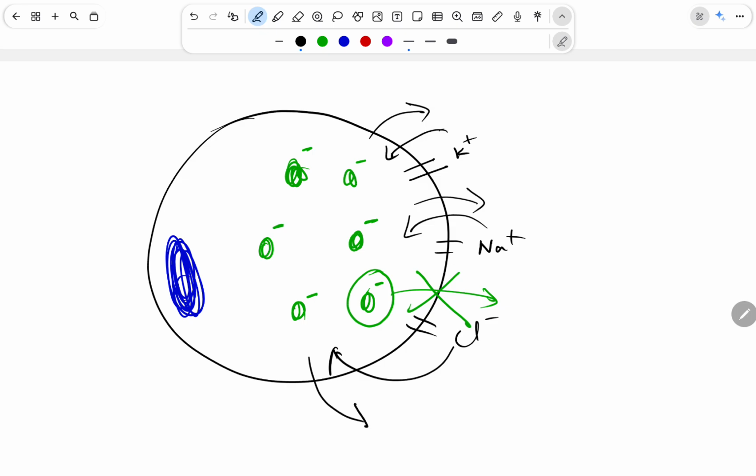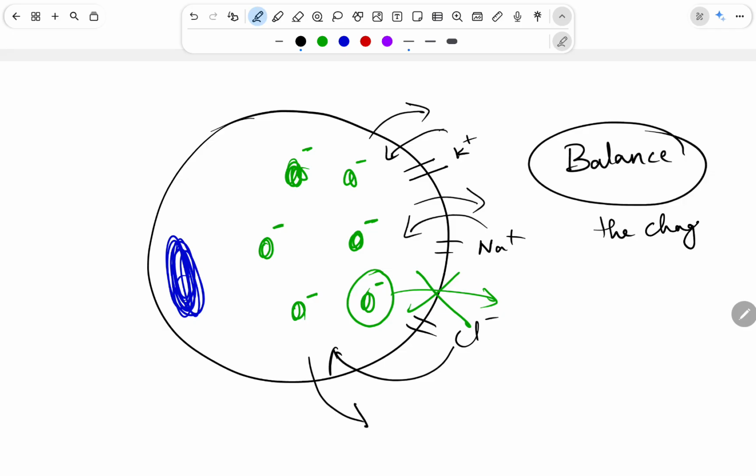Okay, please understand. Hope you understand why all this, just to balance the charges and maintain electroneutrality, that is equilibrium.